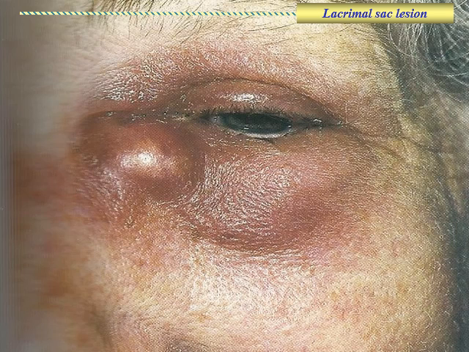Note that the upper and lower eyelids show redness in addition to skin over the lacrimal sac. This patient is in acute exacerbation of the condition on top of chronic dacryocystitis.